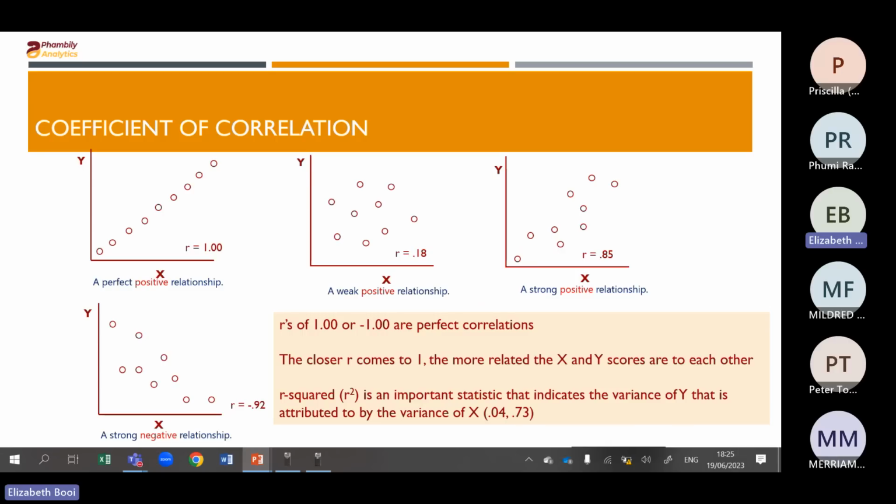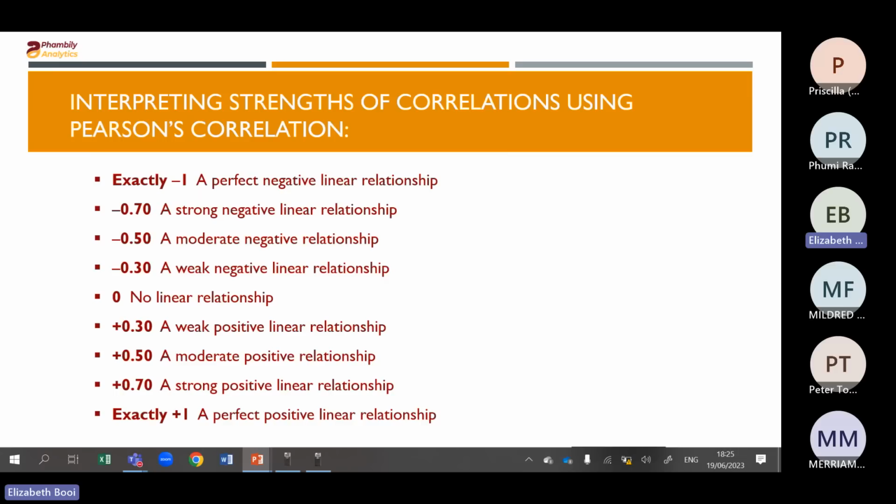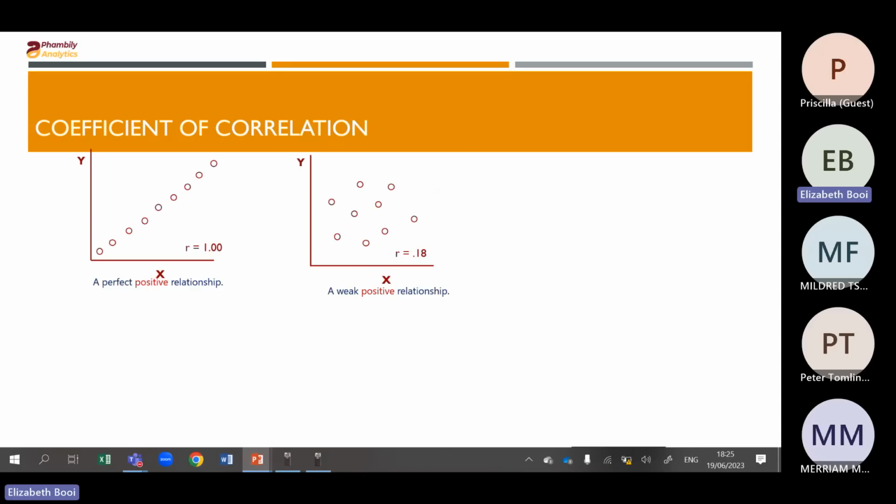But that's how you will interpret it, because of different R values. Let's say you get a relationship of 0.15. 0.15 is closer to 0. You can always say there is no relationship on that one, or sometimes you can say there is a weak relationship. And if it's positive, you will add positive relationship. Okay.